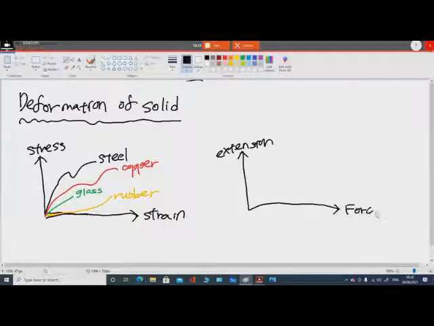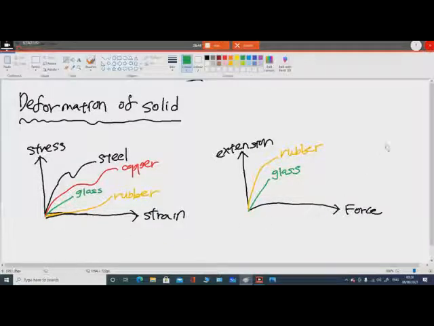So this is the extension. This is our rubber. Rubber will have the highest extension. What's next? This is our glass. This glass is actually a straight line.